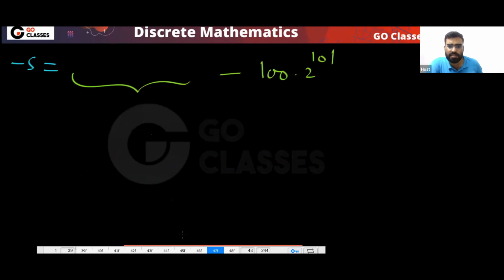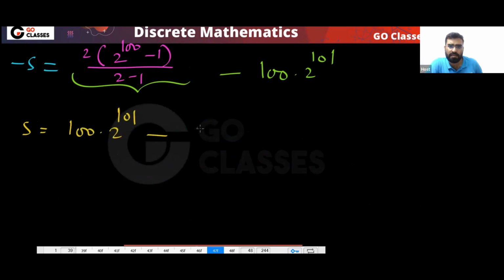So the first term is 2, and the common ratio is 2. The sum is 2 times (2 power 100 minus 1) divided by (2 minus 1). So finally S will be equal to 100 into 2 power 101 minus 2 into (2 power 100 minus 1). So this will be your answer.